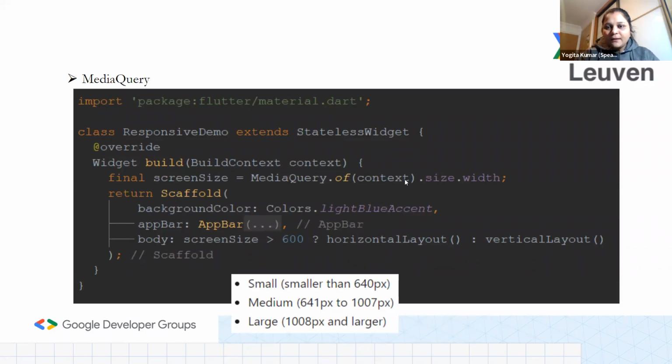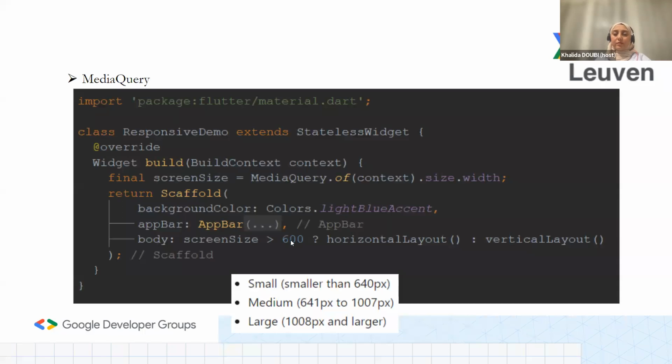Context means the current device on which the application is installed. That gives me the width, and with a simple condition, I check if the screen size is greater than 600, show the UI parts in a horizontal layout, otherwise a vertical layout.